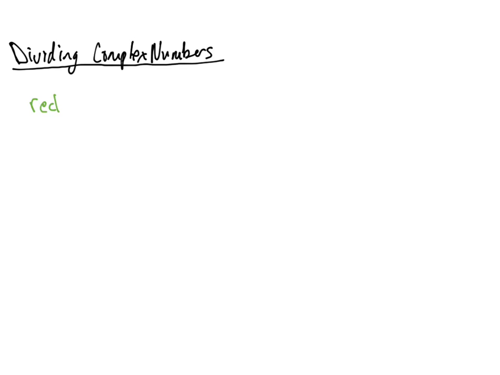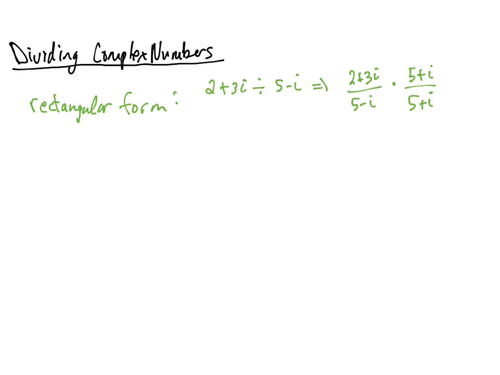First, if we are in rectangular form, I don't have an example written down, but if we have something like 2 plus 3i divided by 5 minus i, how we write this is we write it as a fraction, and if you recall, we multiply the top and bottom by the conjugate, and then we're able to simplify. So I'll just put dot dot dot after that. So that's what we would do if we're in rectangular form.